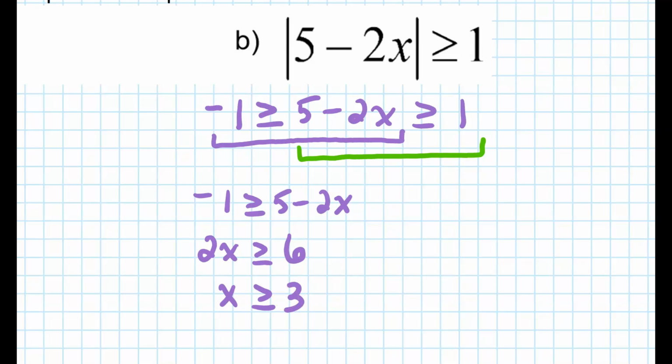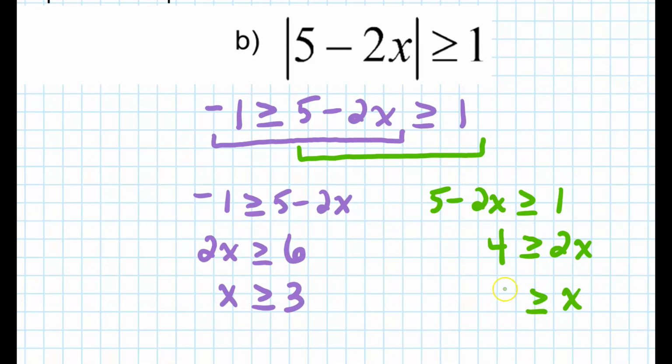Now I'm going to move to the other one, which is the 5 minus 2x is greater than or equal to 1. So again, I'm going to move my 2x to the other side so that it's positive. So 2x is over there now. Move the 1 to the other side. This becomes 4. And so now this is x is less than or equal to 2. And I know we read left to right.